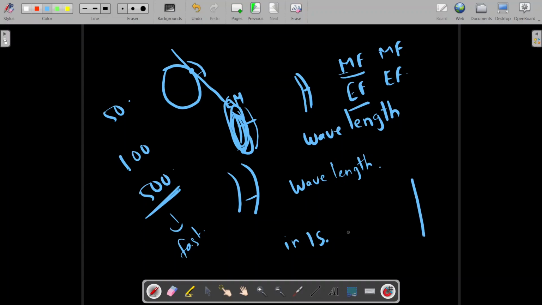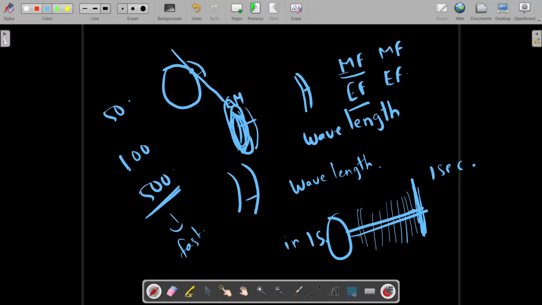If waves are emitted by the sun and pass this distance in 1 second, and that is 500 waves, the 500th will be here, then 499, 498, 497, 496, like this, and the first one will be here. So in this space, we have 500 waves.